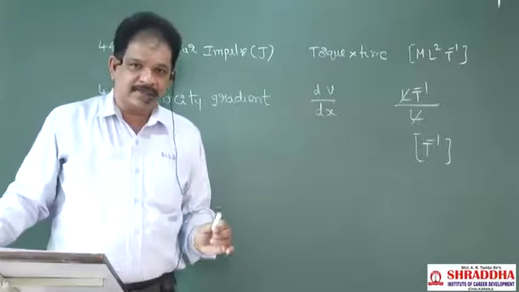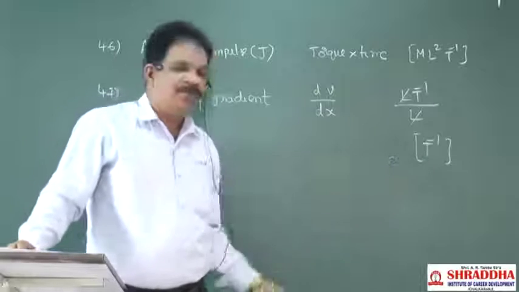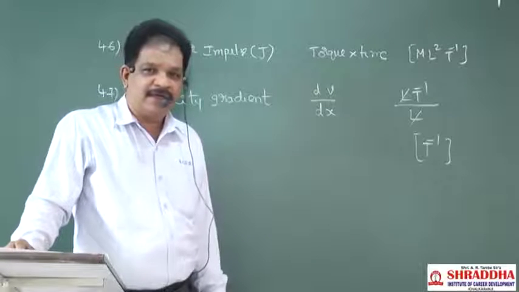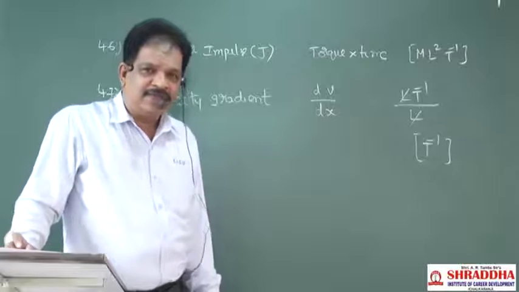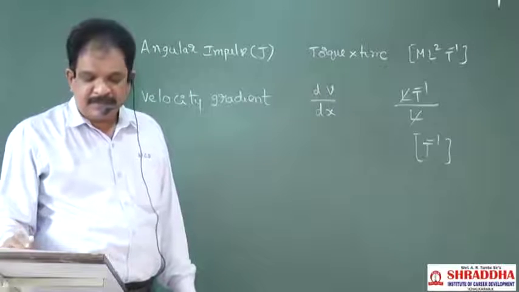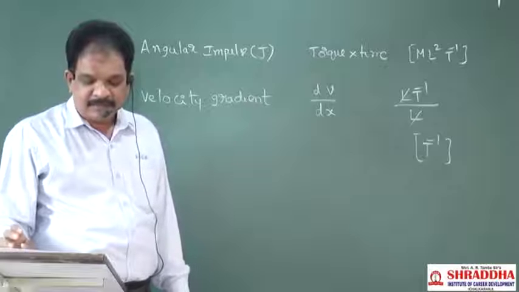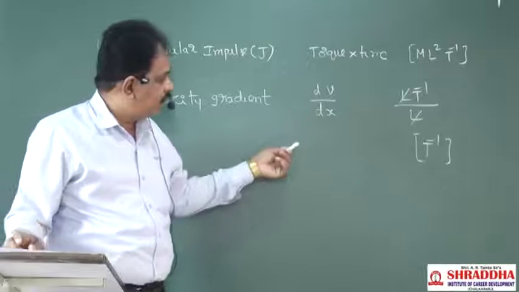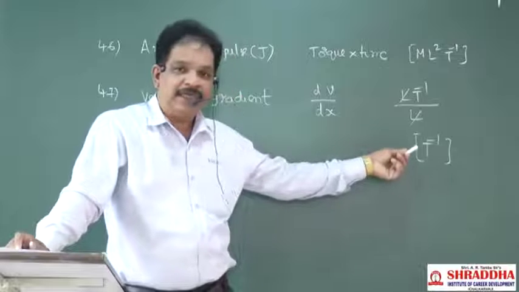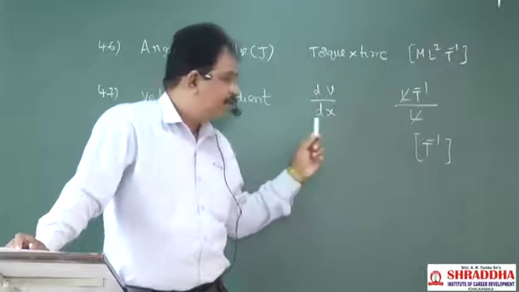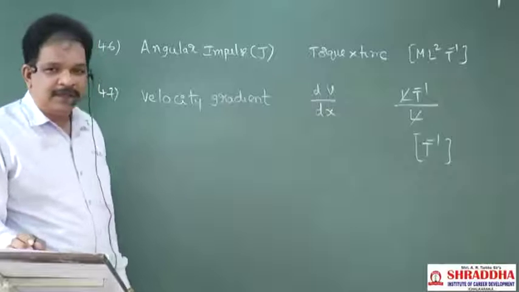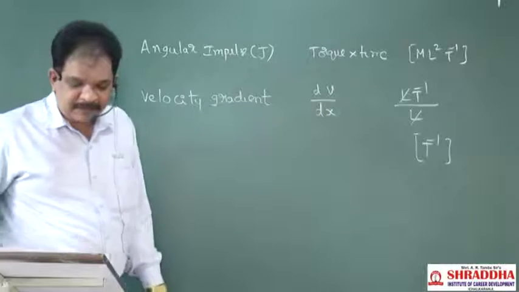Clear understanding? T power minus 1. One more quantity, you tell: any quantity having the dimensional formula of T power minus 1. Tell me what is the quantity? So, frequency. Frequency will be T power minus 1. Velocity gradient is also T power minus 1. Clear?